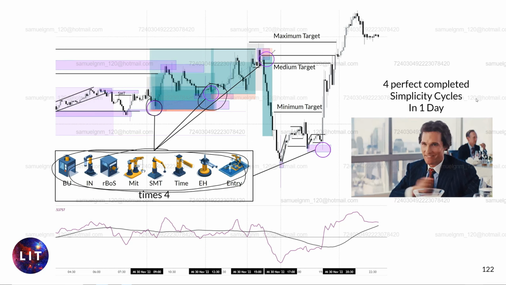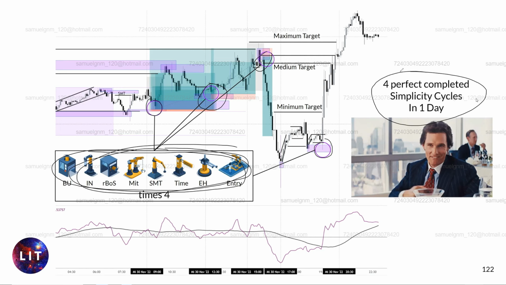We had this fully maxed out simplicity approach done, and at this stage we also had this simplicity approach fully maxed out again, right? So 4 perfect completed simplicity cycles in just one day. Isn't that insane?